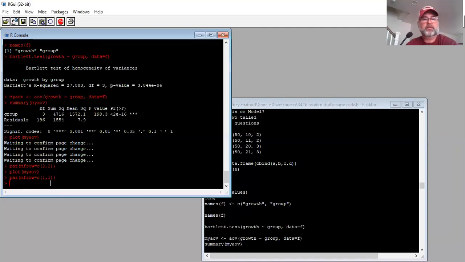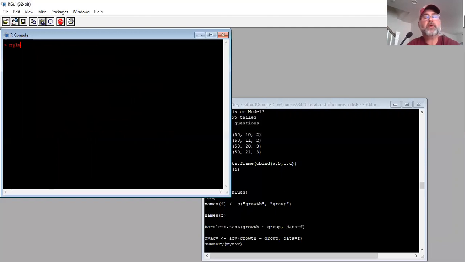And to run a linear model, it's just lm. So we'll do my.lm. Let's clear this. So we have my.lm. And what did we want to do? So lm is the function, linear model. Okay?